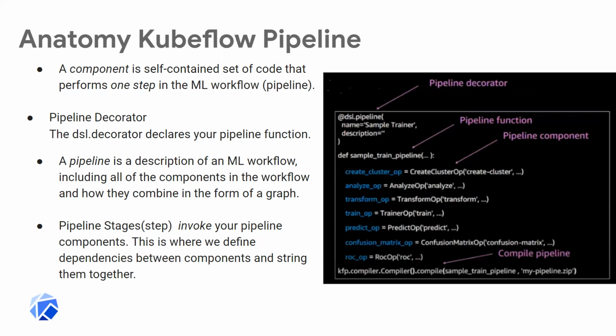In this case, on the image on the right, you can see how the simple train pipeline has create cluster, analyze, and other different steps, and each step itself is a component. We can put together a sequence of steps that are going to happen as we define it. The pipeline step or stage is a way of invoking the component. And you compile the whole thing and then you run it.